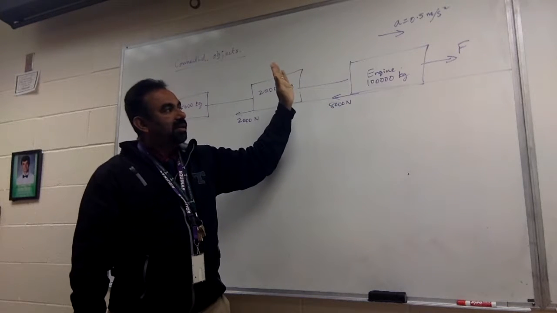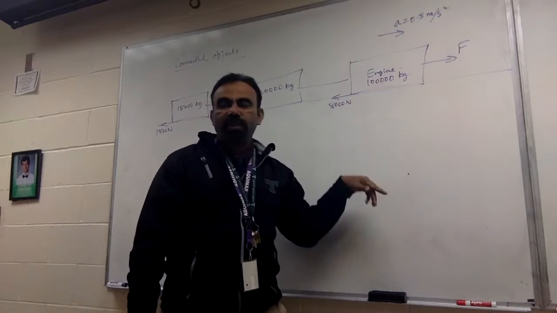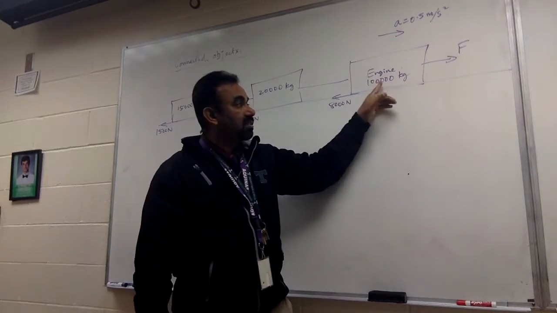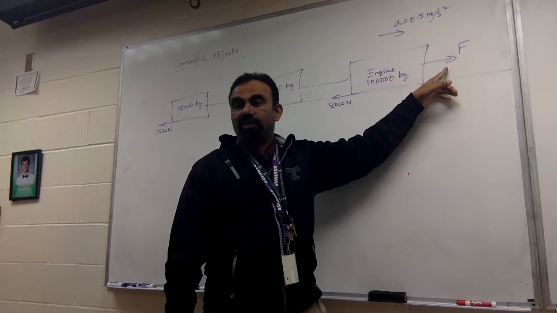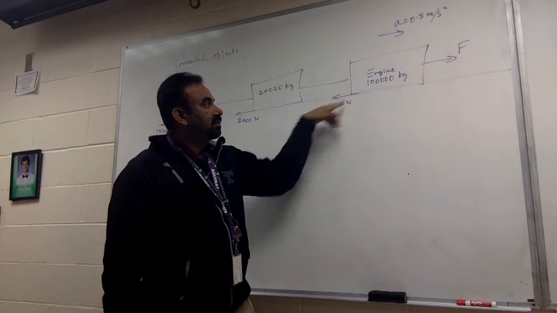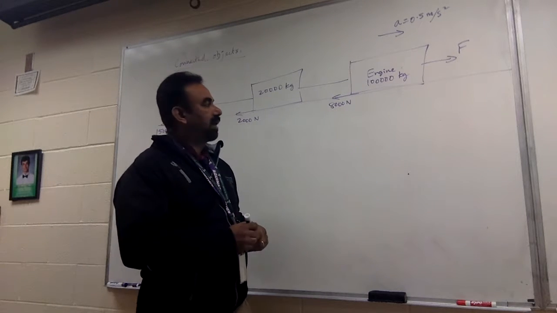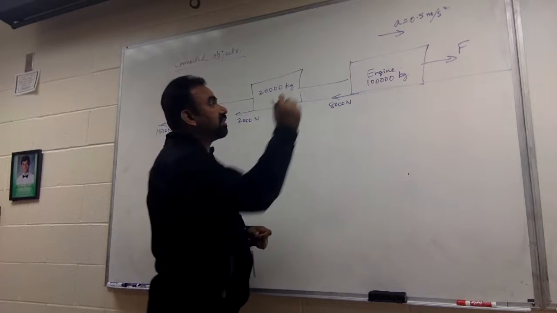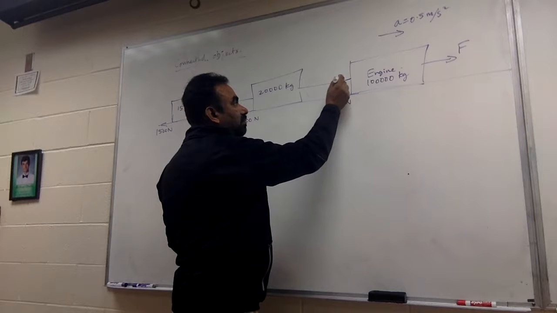So, what are the forces that are acting? Other than the normal force and the weight, what are the other forces acting on this engine alone? Force F pulling it forward. What else? There is 8,000 friction coming backward, and then tension. What is tension doing to this engine? Pulling it back.